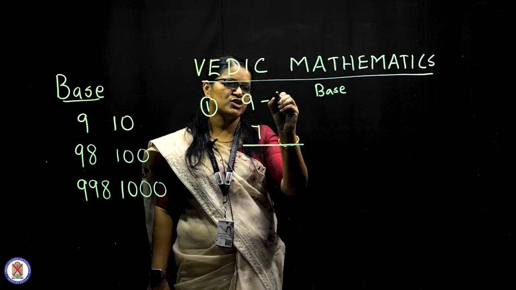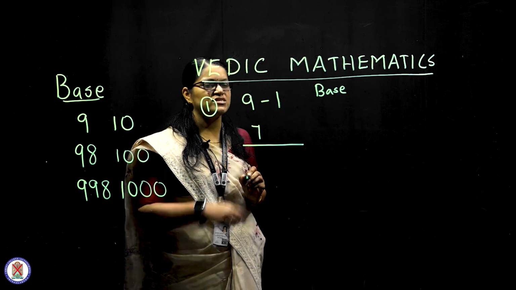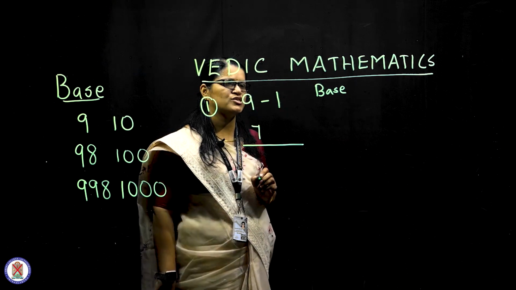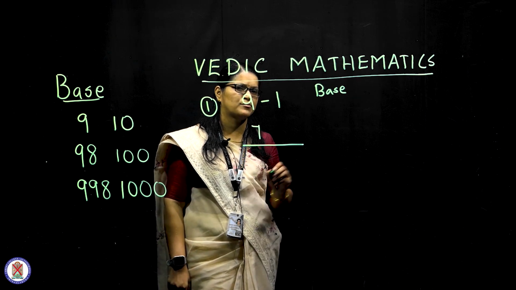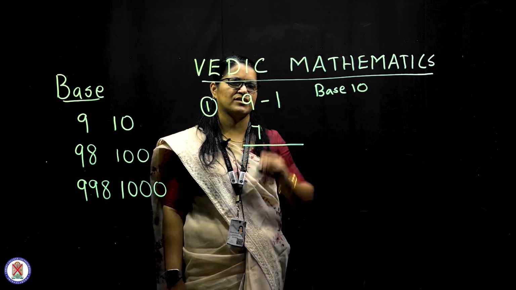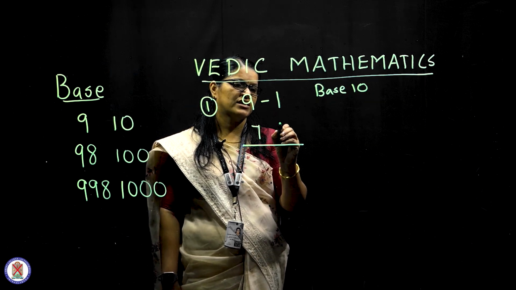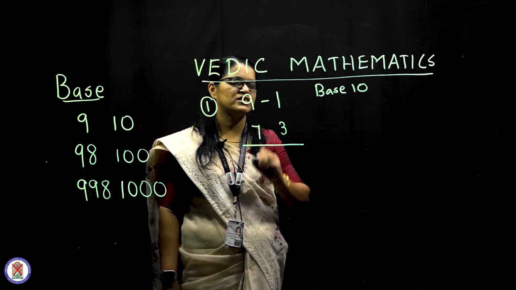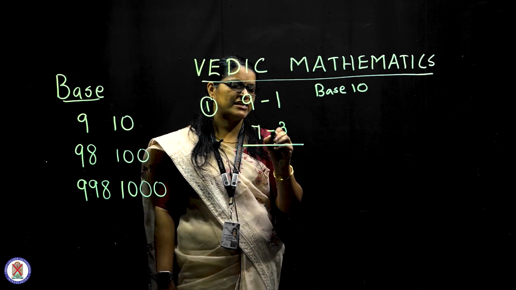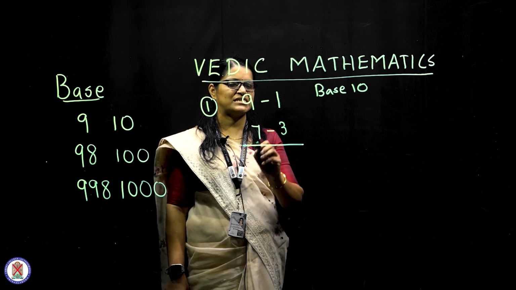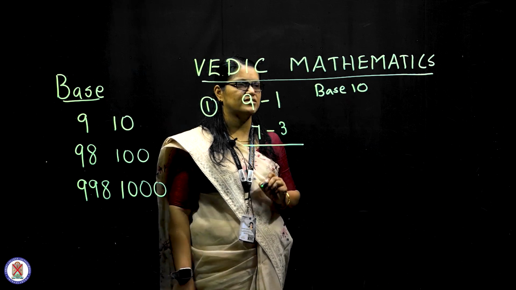The answer is 1. You have to write 1 here. Then you have to put a minus sign here to indicate that 9 is a number less than the base 10. Similarly, we have to subtract 10 minus 7 and the answer is 3. It should be written here. Put a minus sign here to indicate that 7 is a number less than 10.